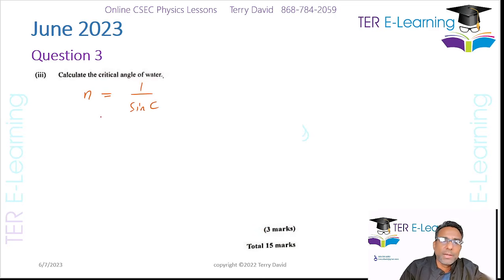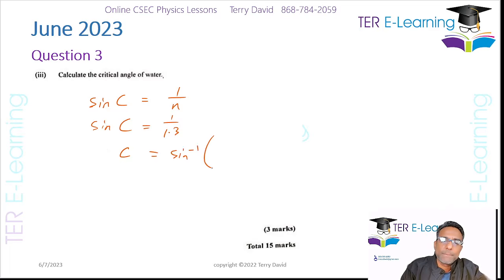All right. Or we could, let me just write it the next way. Sine C is equal to 1 over n, right? So sine C is equal to, the refractive index is 1.3, I think they said. Yeah, 1.3. So this is 1 over 1.3. So therefore C is equal to arc sine of 1 over 1.3.